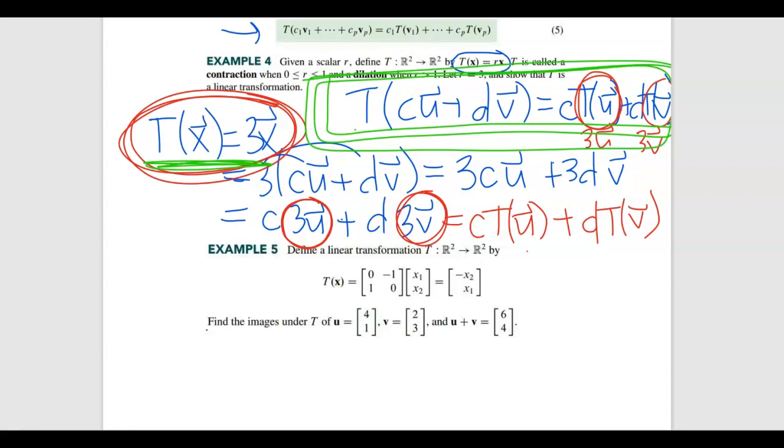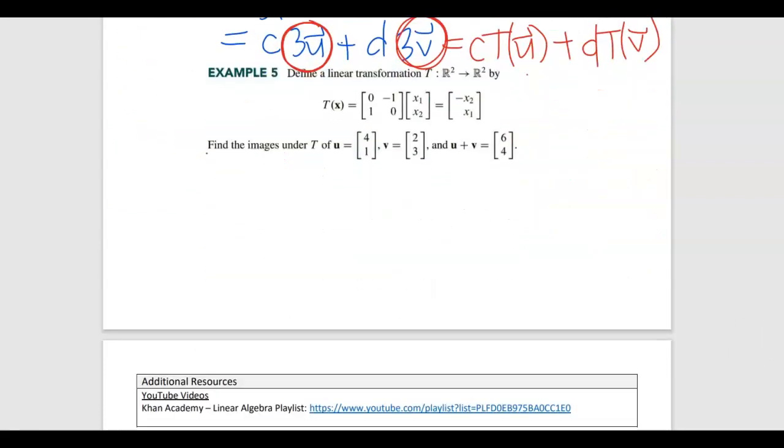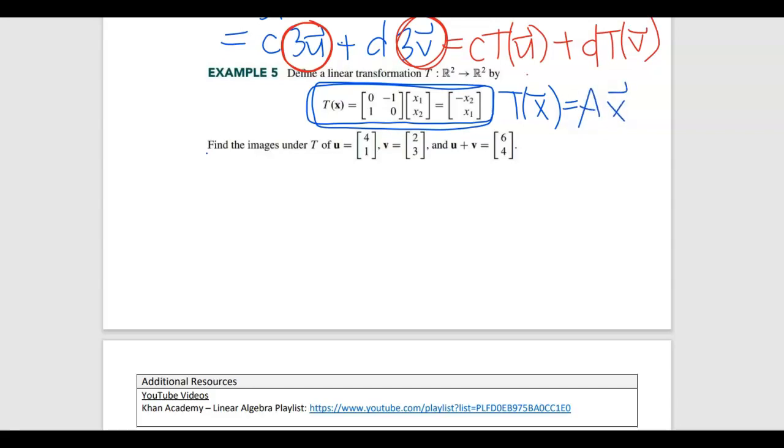All right, let's look at example number 5. Define a linear transformation from R2 into R2 such that we have this. Let's break this down just a little bit. Remember, T(x) is A times x, just in general.